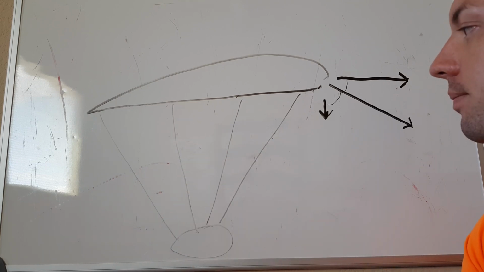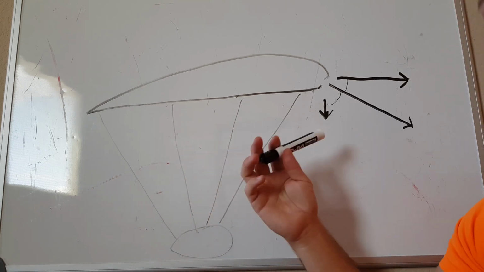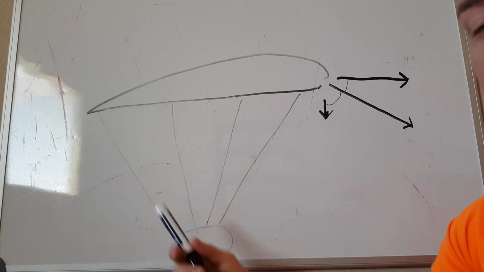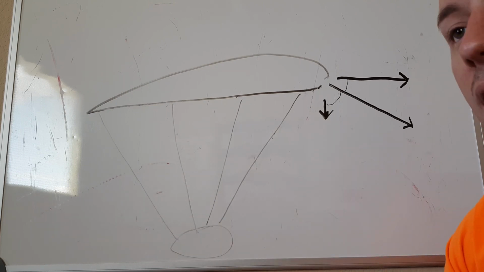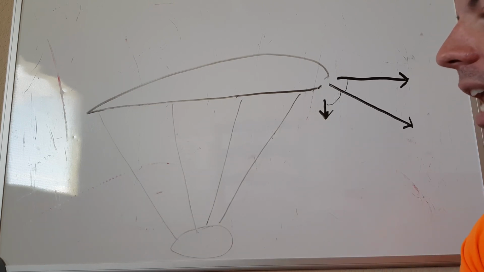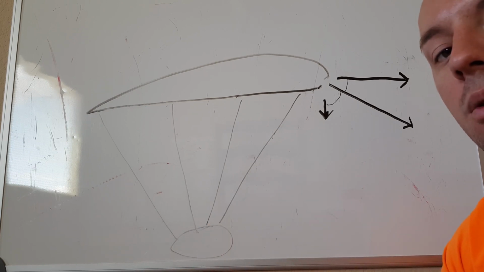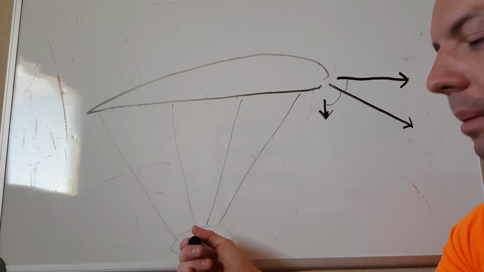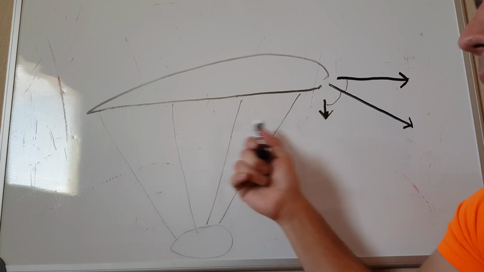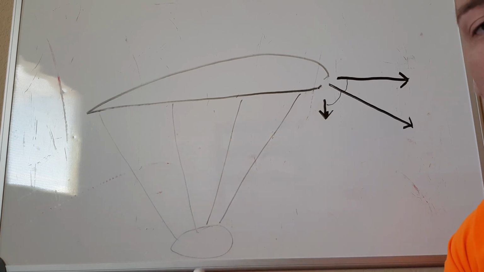Of course, you can trim a glider faster. You shorten the A lines and lengthen the D lines, it naturally wants to fly faster. But it has a specific trim speed that it wants to be at based on how much weight it's carrying, and the length of the lines determines the trim on a paraglider.